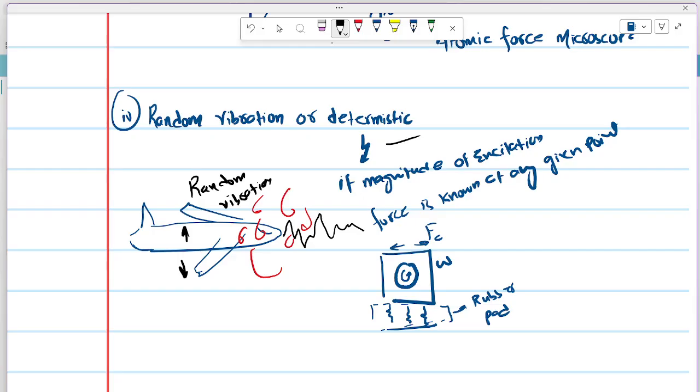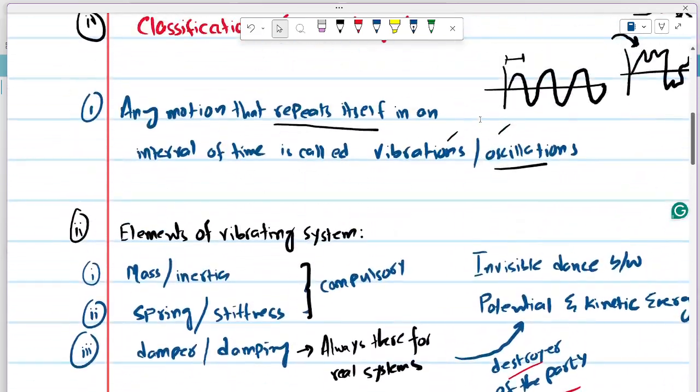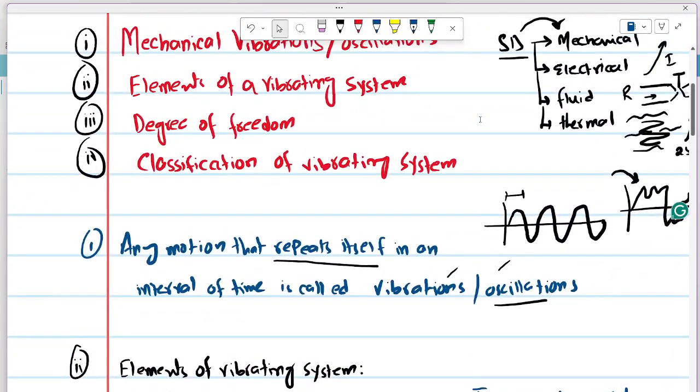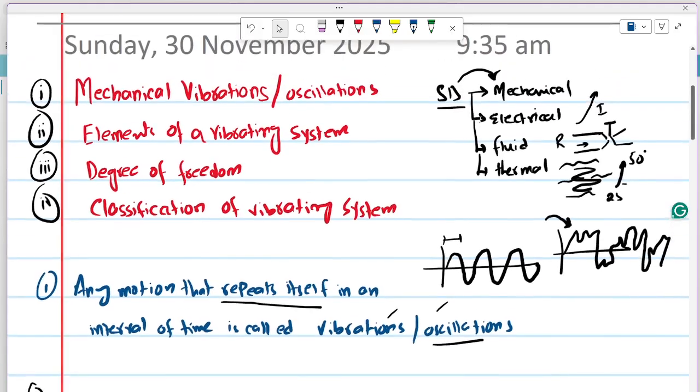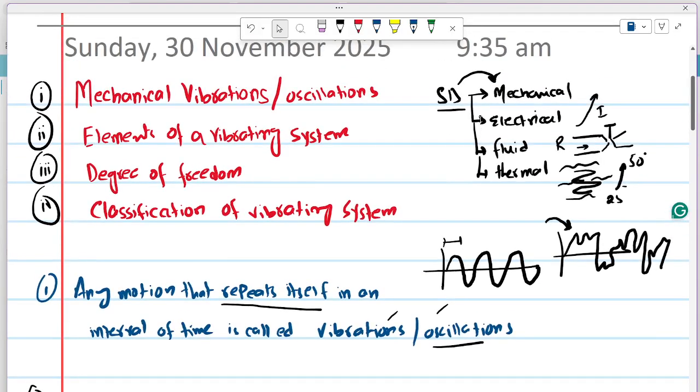So that was a brief introduction of the mechanical vibration, what the different elements of the mechanical vibration are, and what the classification is. These were all like a toolbox that will be helpful for you to model the mechanical vibrating system and to perform the solution of that vibrating system.